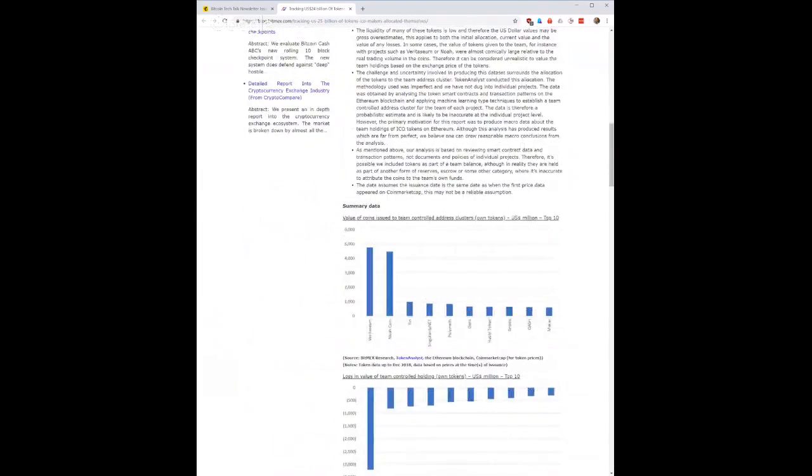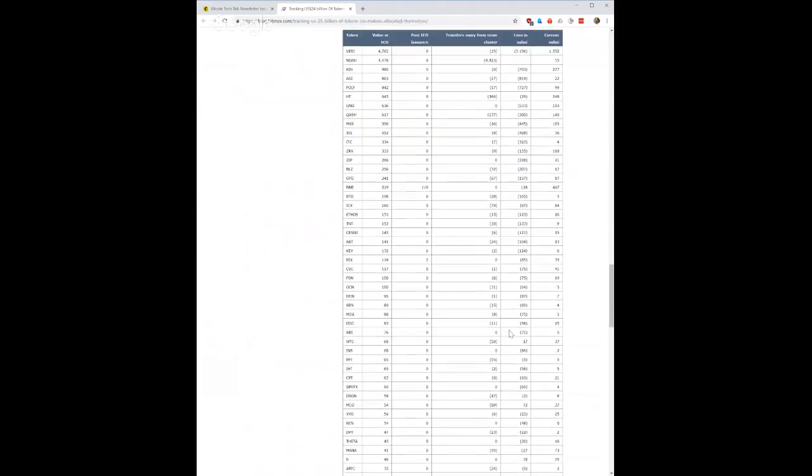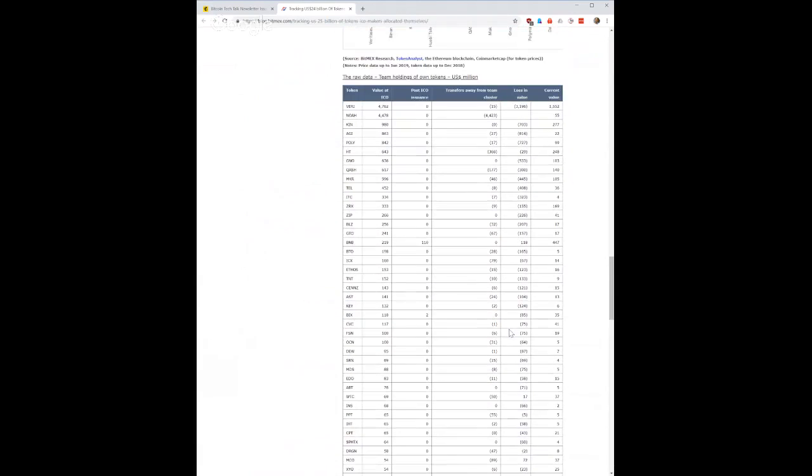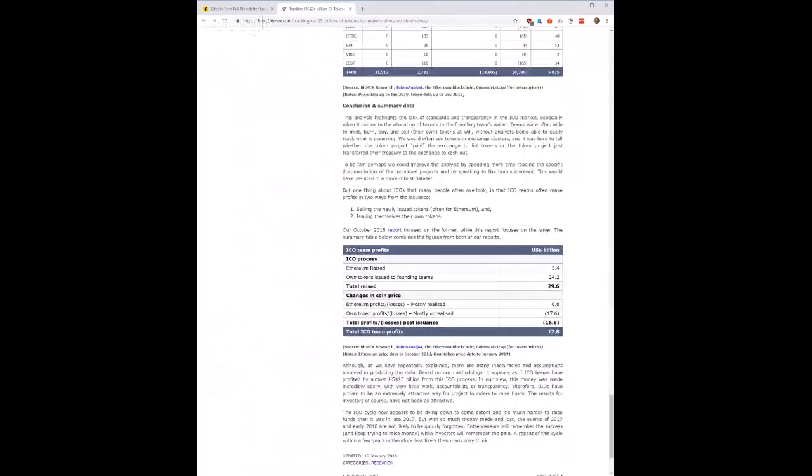Anyway, summary data, value of coins issued, and so on. And they talk later about exactly what happened to Noah Coin and all of these other ones. Oftentimes they raised a ton of money. 5.4 billion in Ethereum, which is kind of a crazy sick number.